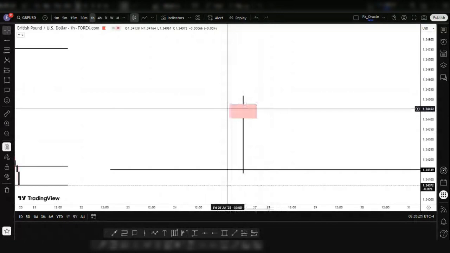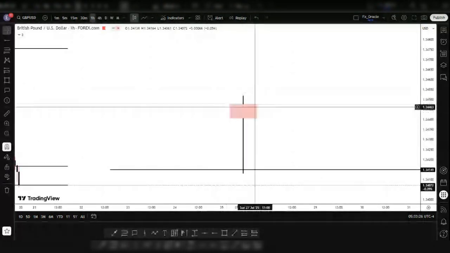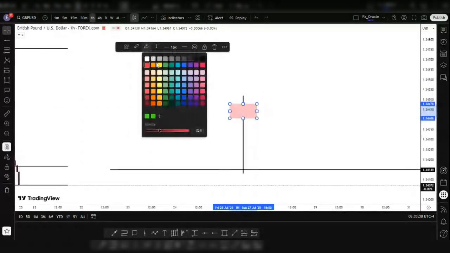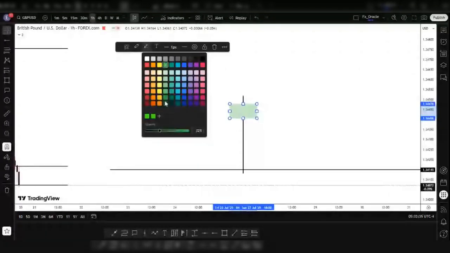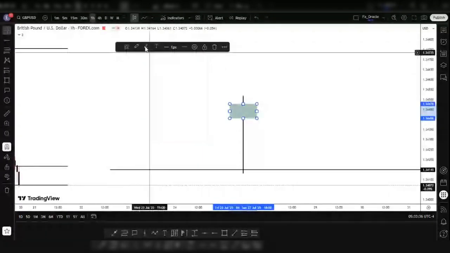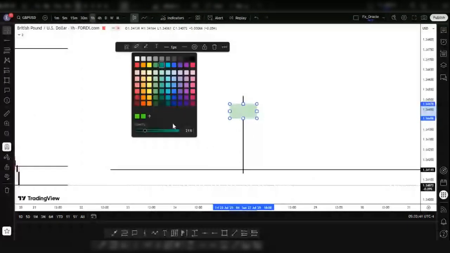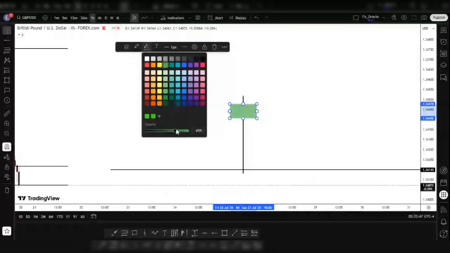And like I said, what does this signify? It simply shows you that, let me change this color to green. So you now know that we are working with a bullish candle. All right.